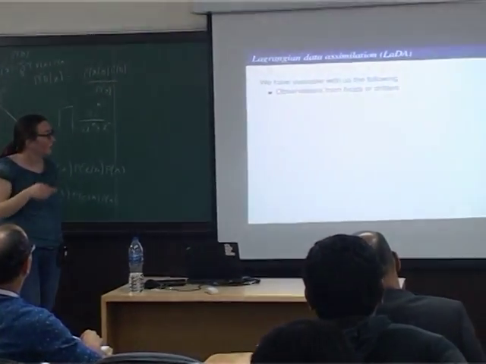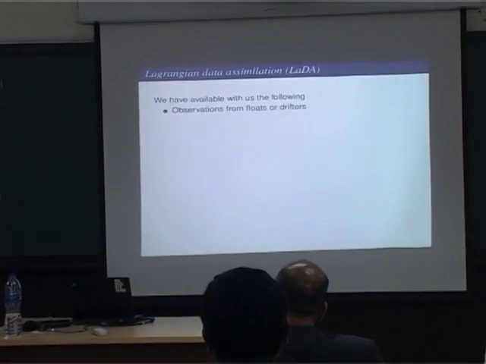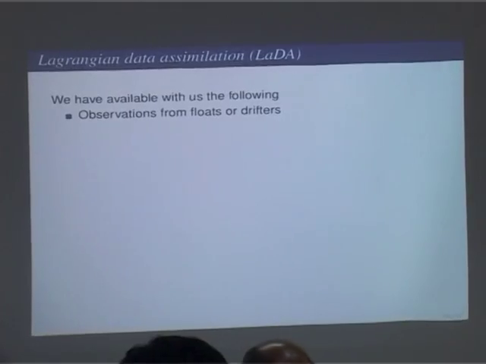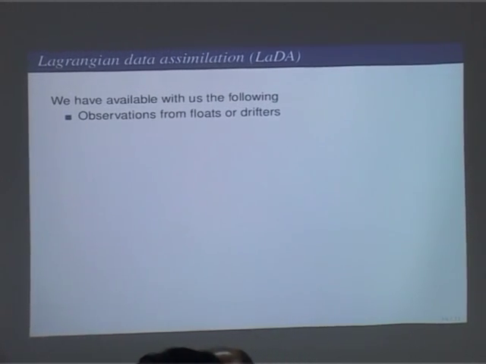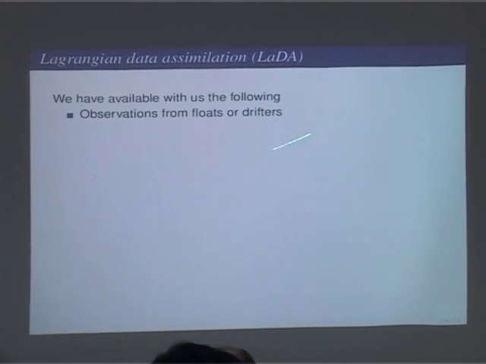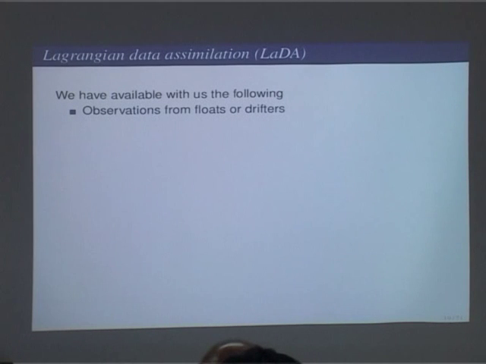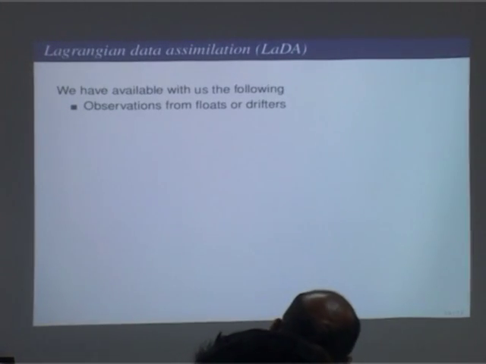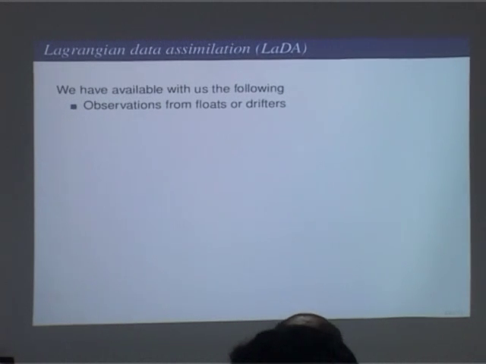All right, so Lagrangian data assimilation. We're thinking about taking observations from instruments that live in the ocean. There are three generic kinds: floats, drifters, and gliders. I don't have gliders up here because floats and drifters are purely Lagrangian.